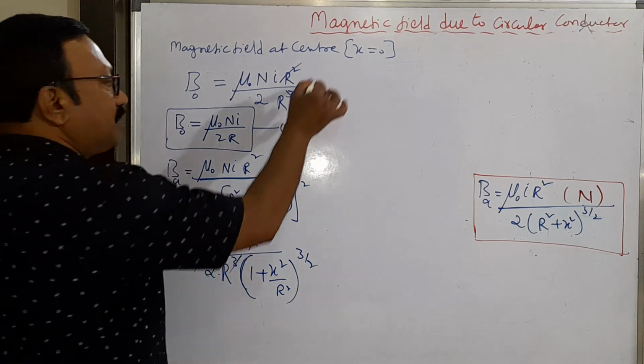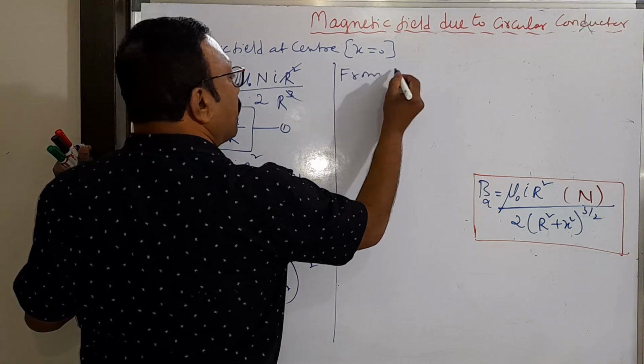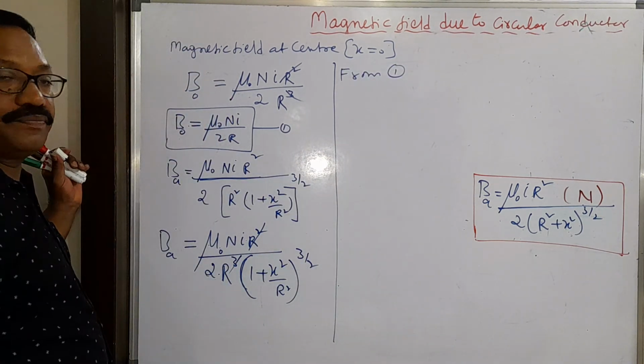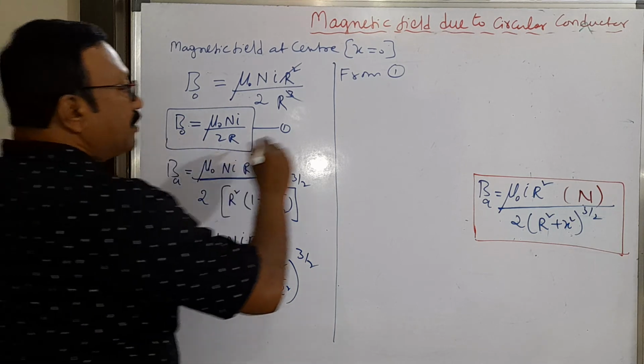So now I'll substitute. So from 1, μ₀NI by 2r is taken as B₀.